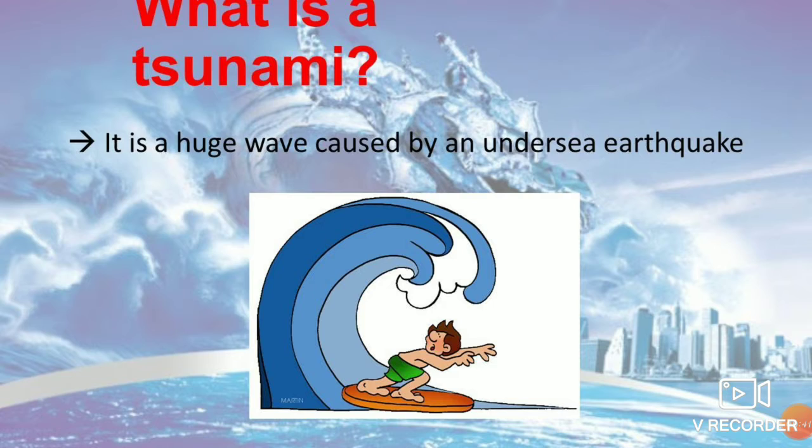Some earthquakes may be mild and cause no other destruction or calamities on the surface. But some may be very violent and cause a lot of destruction to the surface of the earth. When such a vibration is produced under the sea, what happens? A huge wave is caused, and this huge wave is called the tsunami.